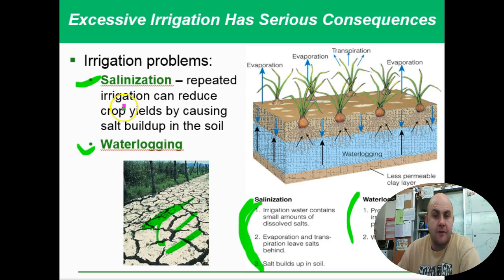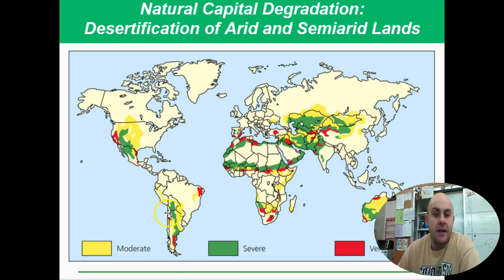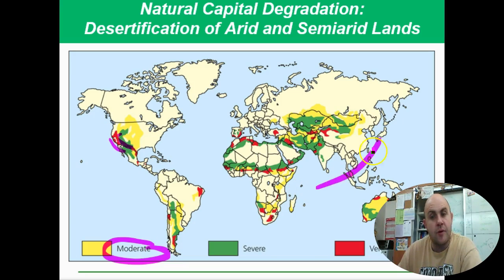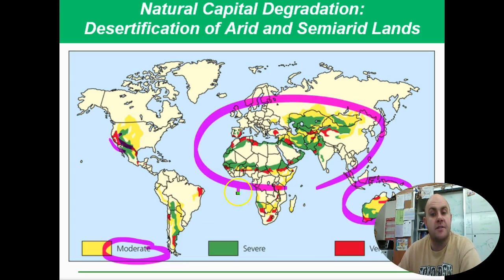And when it can't allow anything to grow, then it desertifies it, and that creates problems. And so here in the United States, you can see where there's some issues with desertification. In this middle region where we're at mainly, there's a moderate problem with desertification. It's more severe when you move west of us. But it is a problem and a growing problem around the world because of how we're managing irrigation.